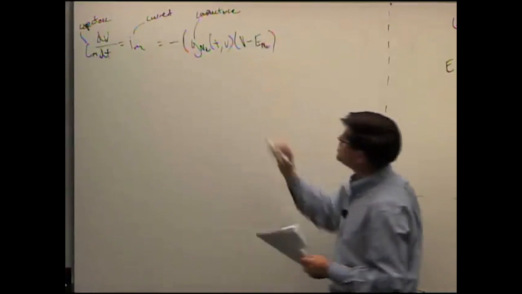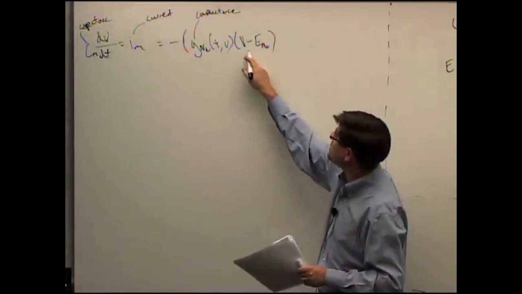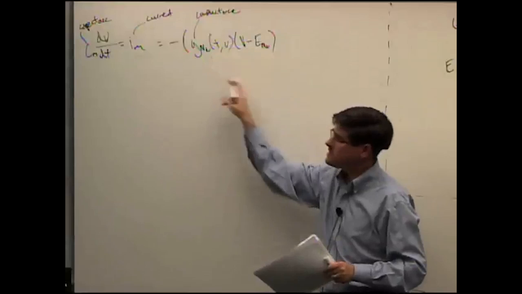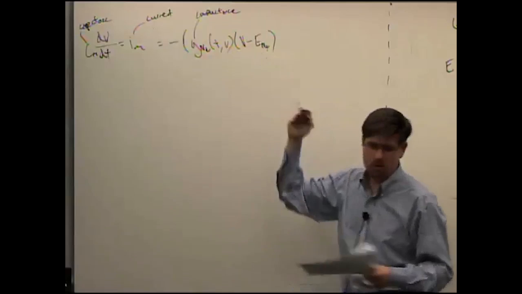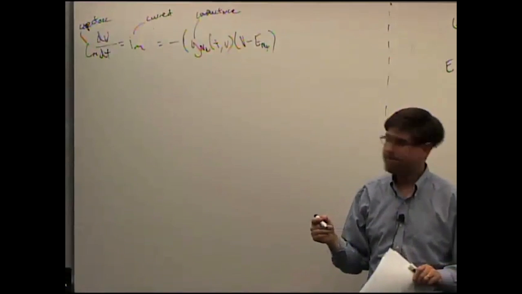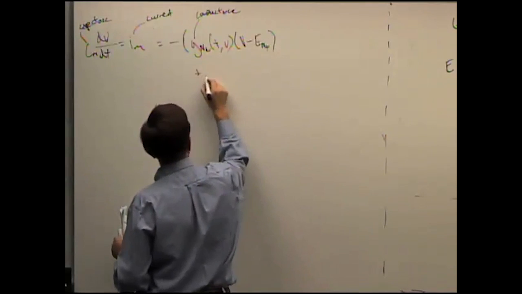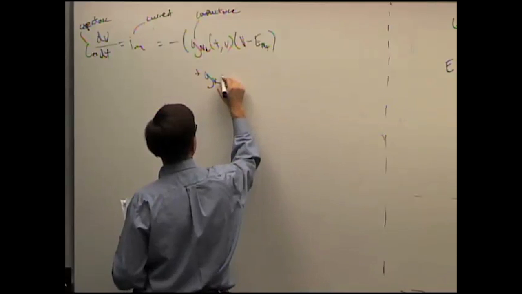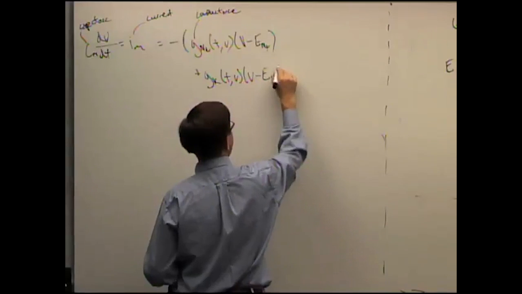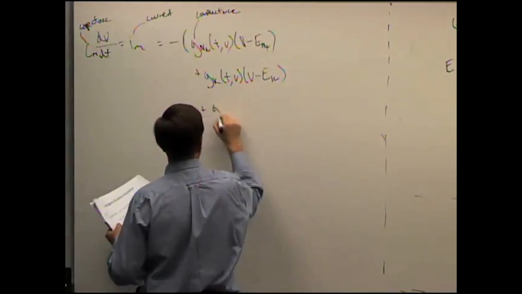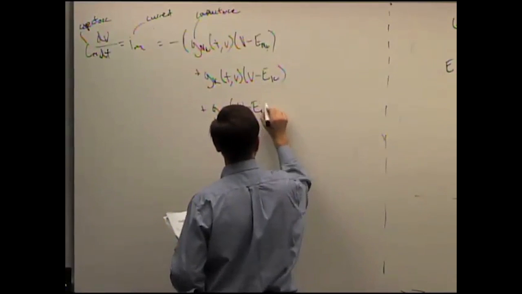The further this voltage is away from the sodium potential, the greater this current is, and the closer it is, the smaller the current is. So this is the sodium conductance, plus a potassium conductance, G_K(t,V) times (V minus E_K), plus a leak current, which tends to be a constant, (V minus E_leak).